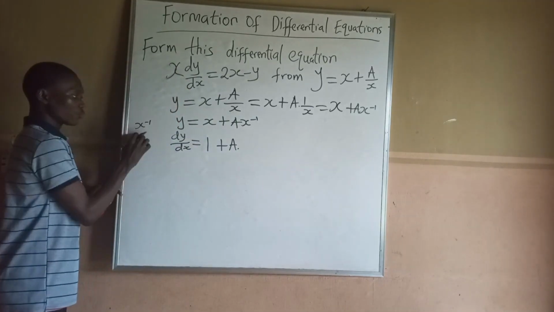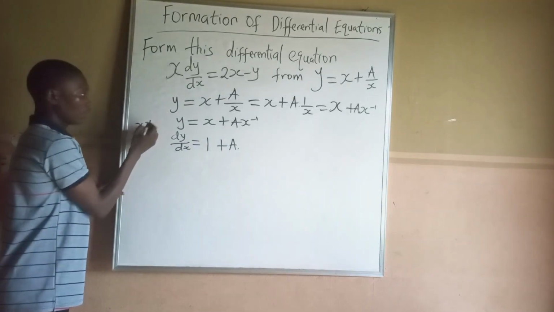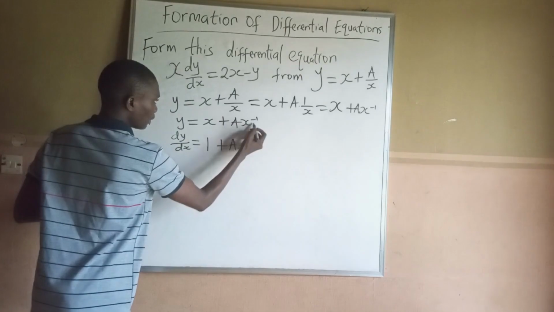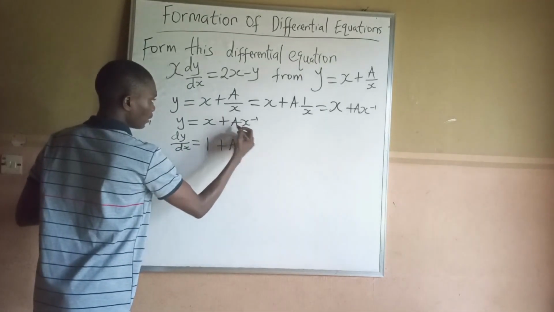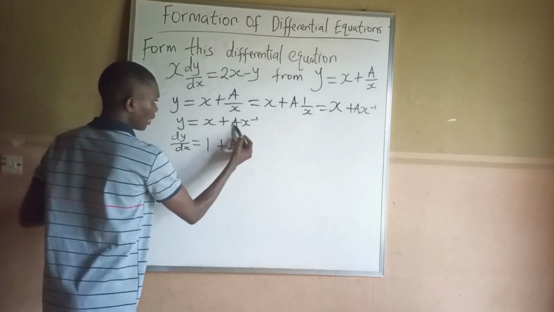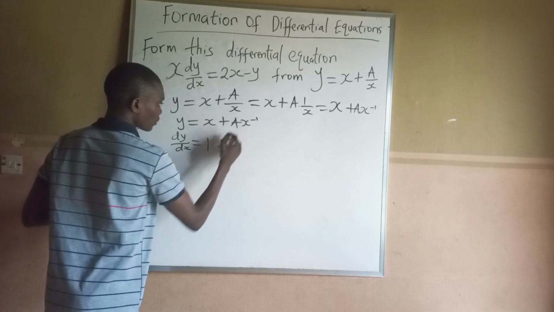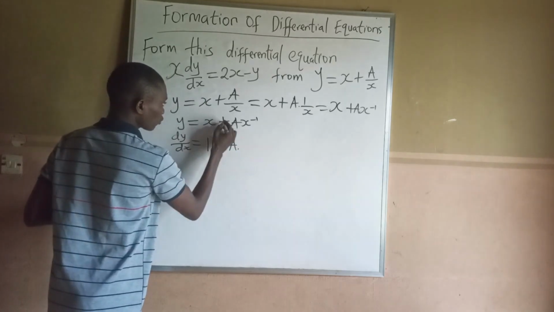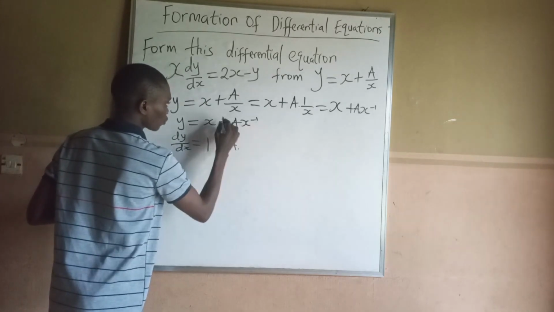I will use the power to multiply, then subtract 1 from the power. The power is minus 1, so minus 1 times what is there, it becomes minus.